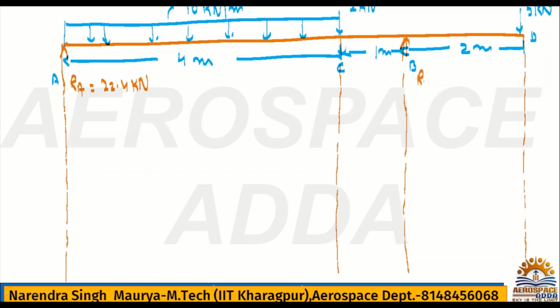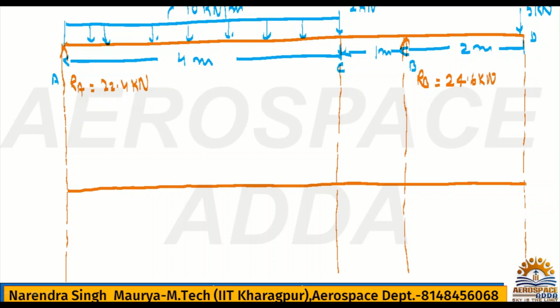This is RB, and it is nothing but 24.6. Rest of the forces you are aware of, 2 kilonewton, 5 kilonewton, right? Now to draw the SFD, first you draw the reference line. Now this is our reference line. Since we are calling it the reference line, you can make it 0. From 0, if you go upward it will be positive values, and if you go downward it will be negative values, right?